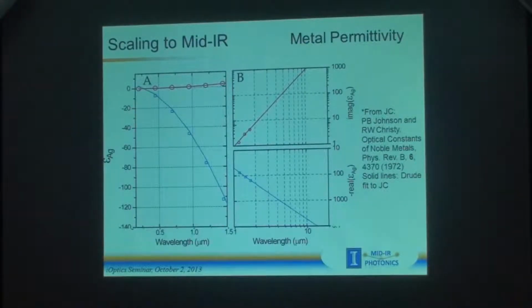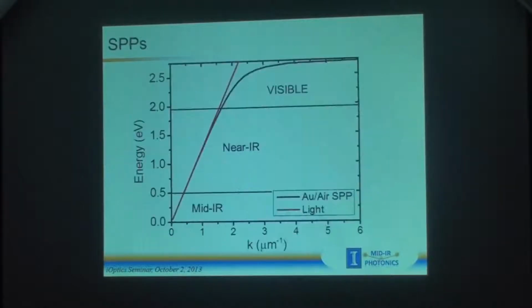Right? So what that effectively means is that our metal looks a lot like a perfect electrical conductor. Right? And unless you have some dielectric material that has an epsilon of -2000 or -500, which I don't know of, you're not going to be able to get those localized ultra sub-wavelength resonances with a traditional metal at these long wavelengths.